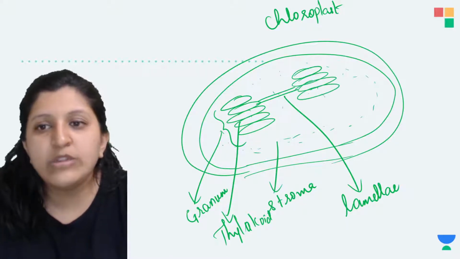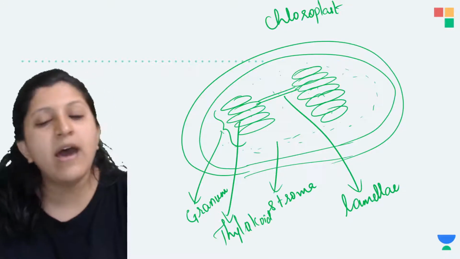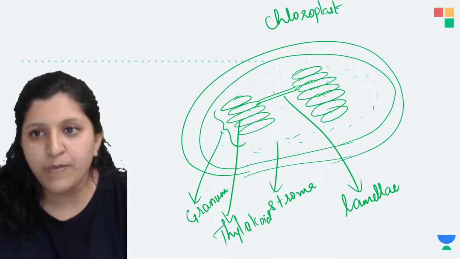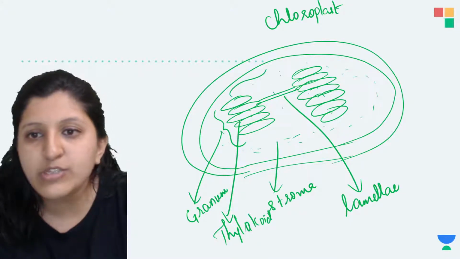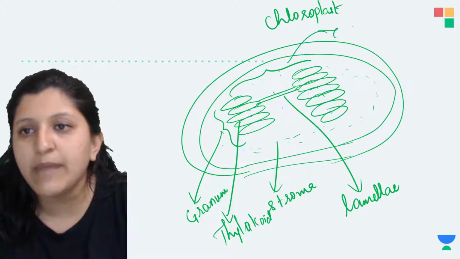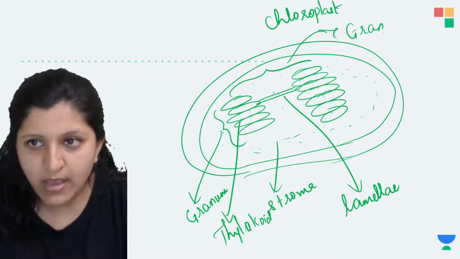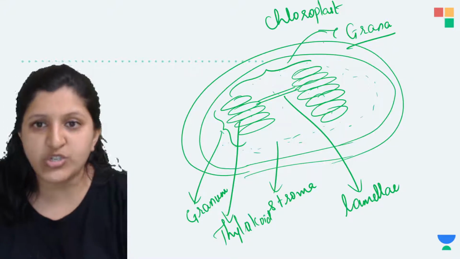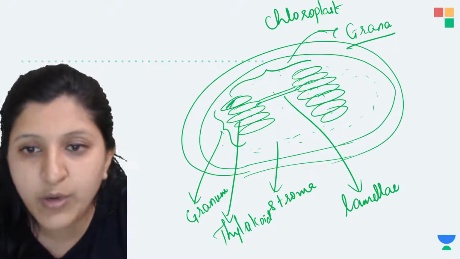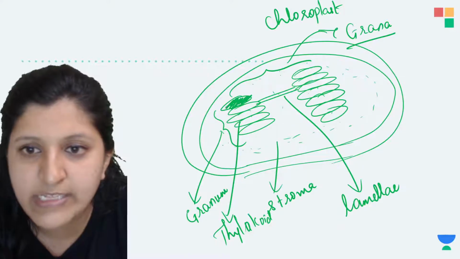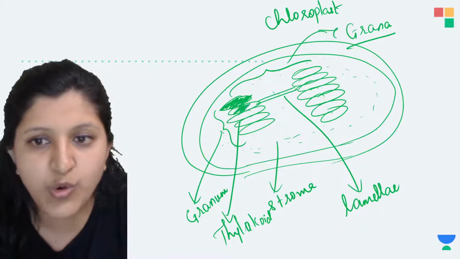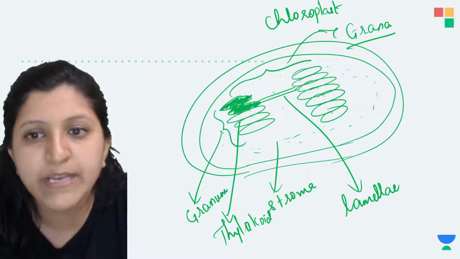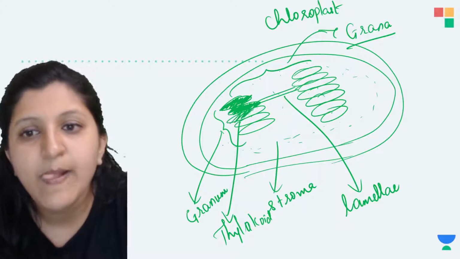Both of these granum are interconnected by the stroma lamellae, and the plural term can be mentioned as grana. You will find different structures inside. Here the thylakoid itself is having the pigment which is present here, which can be chlorophyll.